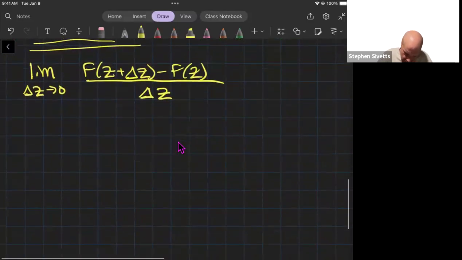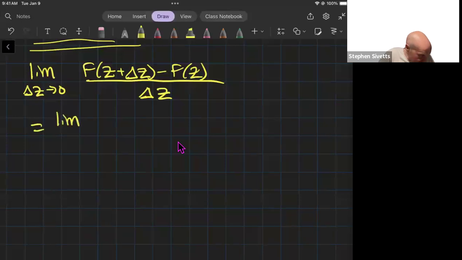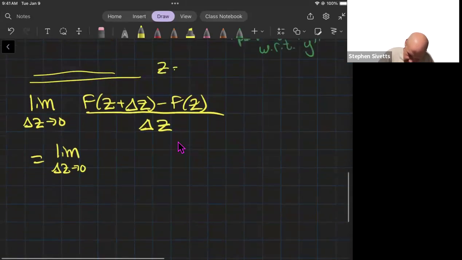You don't have to write this down, but this is equal to the limit as, let's say, delta z goes to 0. We can write out f in terms of the real and imaginary components. So z is equal to x plus iy, and then delta z was delta x plus i times delta y, right?